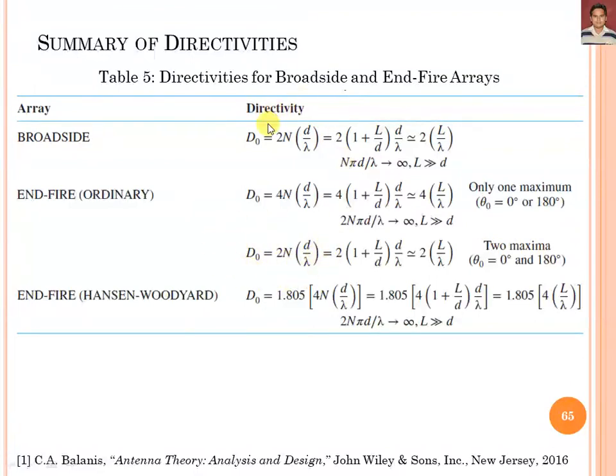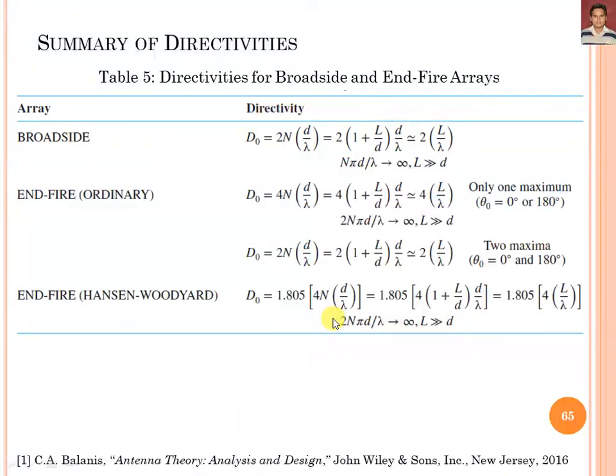You can see in this problem, for the Hansen-Woodyard end-fire array, the directivity is 1.805 times the directivity of the ordinary end-fire array, for theta naught equal to either 0 or 180 degrees, with some assumptions as we have discussed.